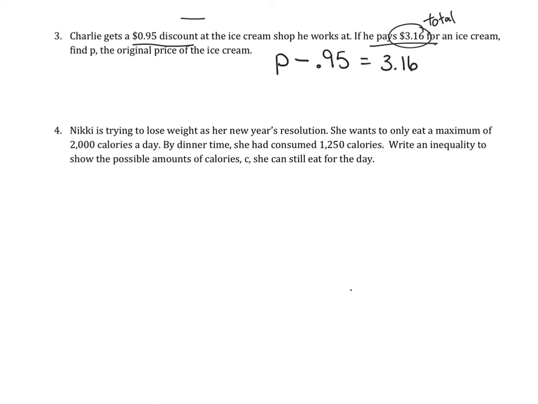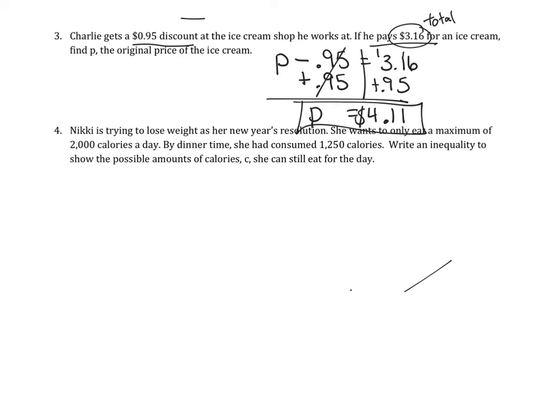Remember, we are writing the equation, not just solving. So we're going to add 95 cents to both sides. These will cancel out. You will be left with 6 plus 5 is 11. Carry that 1. 2 plus 9 is 11. Bring that decimal down. And then you have 4. So P will be $4.11, the original price.